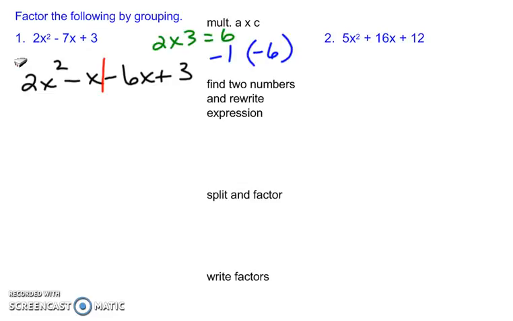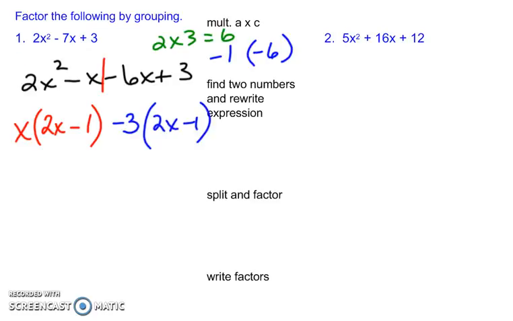We have 2x squared minus x. That gives us the GCF of x and leaves us with 2x minus 1. On the right side, we have negative 6x plus 3. So that GCF is going to be negative 3, which will leave us with 2x minus 1.